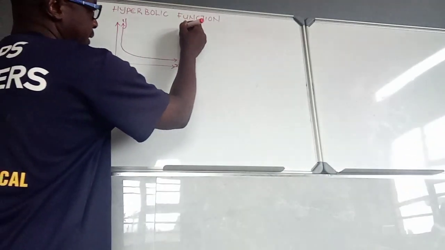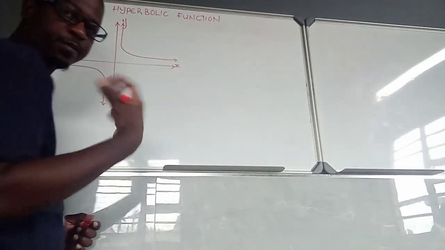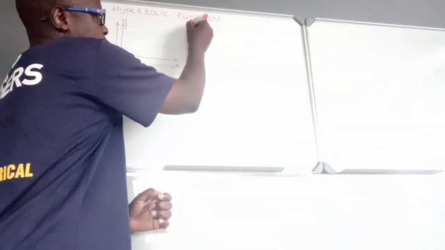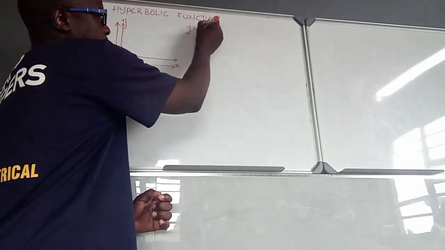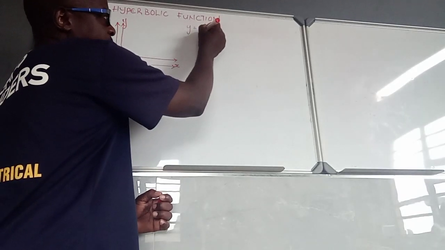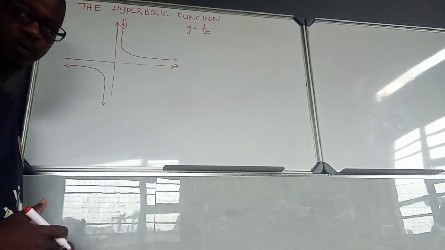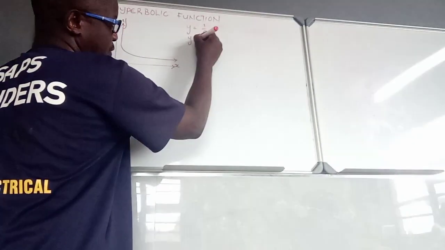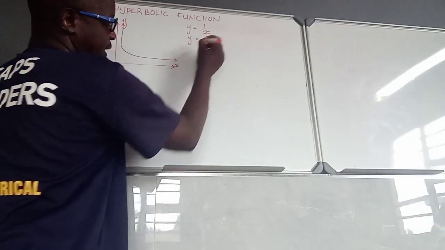Generally, the general expression is y is equal to 1 over x. I can write it as 1 over x, or I can say y is equal to a over x.